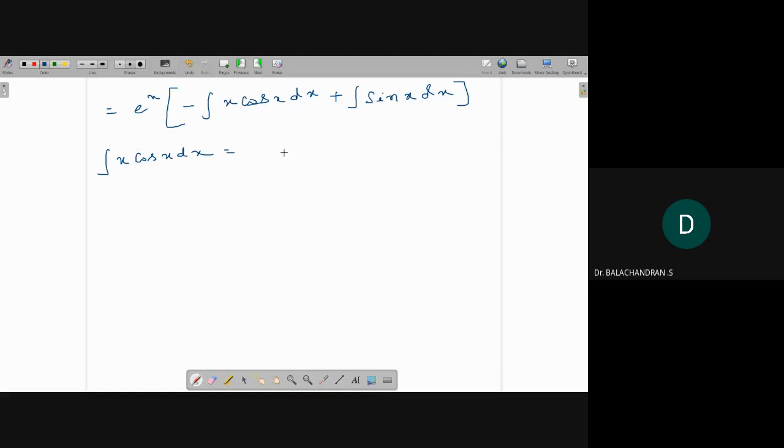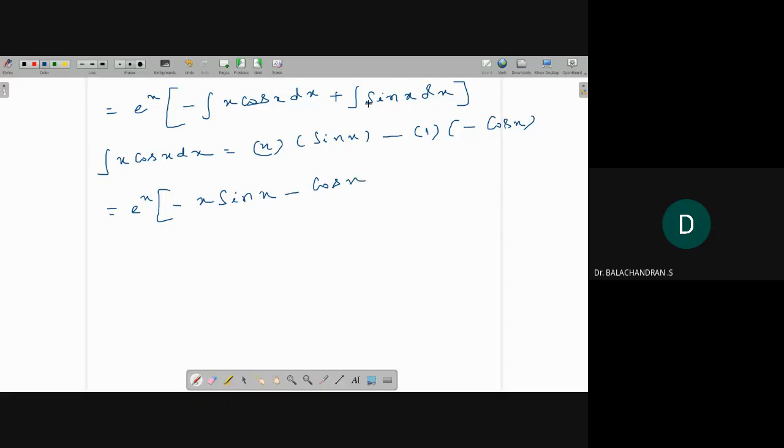So you can keep x as it is. If you integrate cos x, sin x, minus, if you differentiate x, you get 1. If you integrate sin x, you get minus cos x. Now e power x, here have minus sign, so minus x into sin x, minus into the 3 minus, so minus cos x.